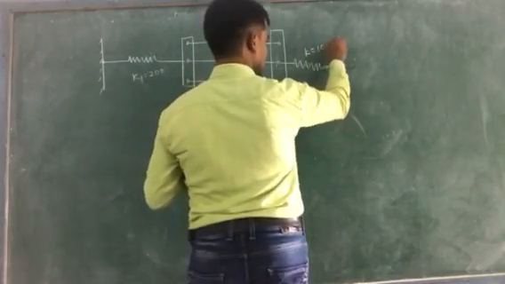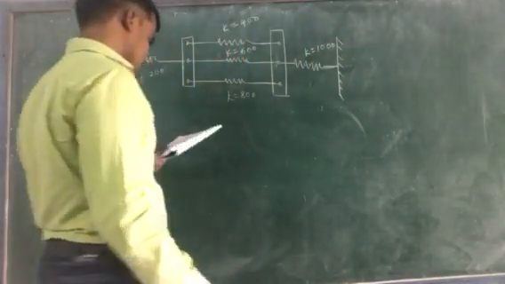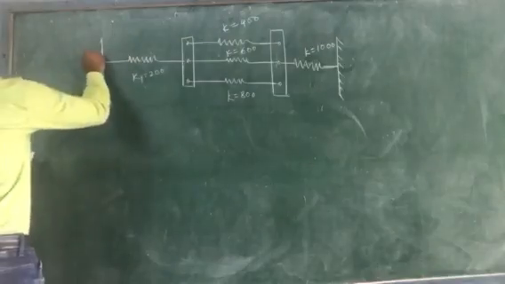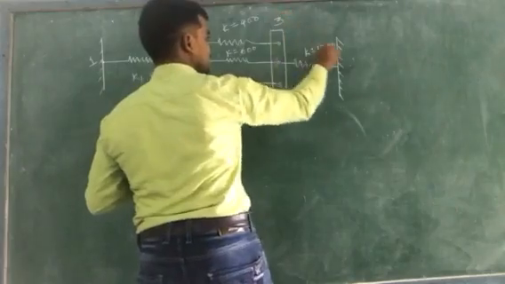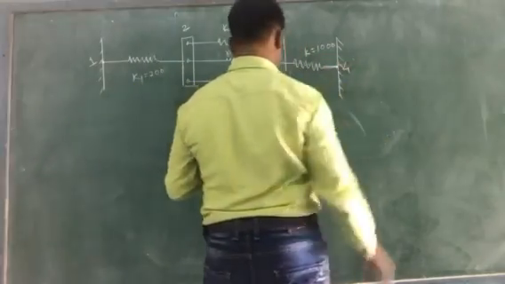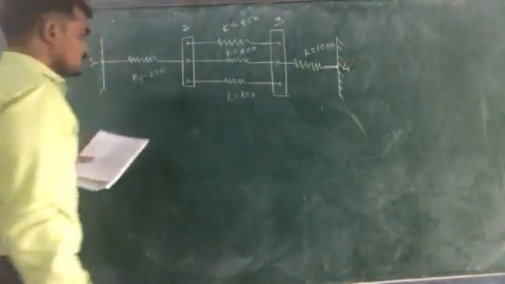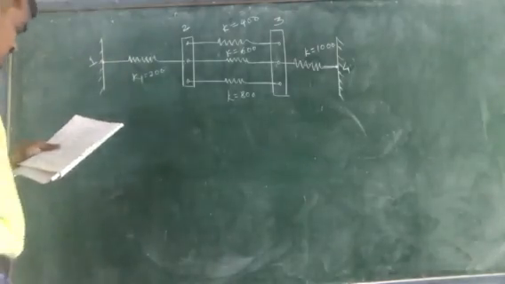As well as they have mentioned the nodes also. This is 1, this is 2, this is 3, and this is 4.